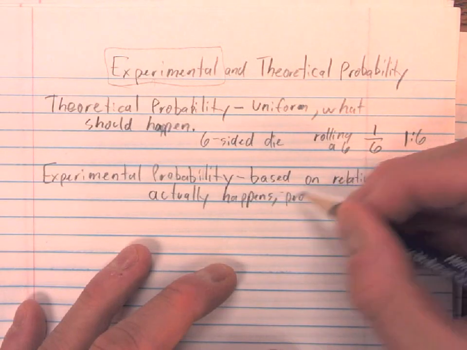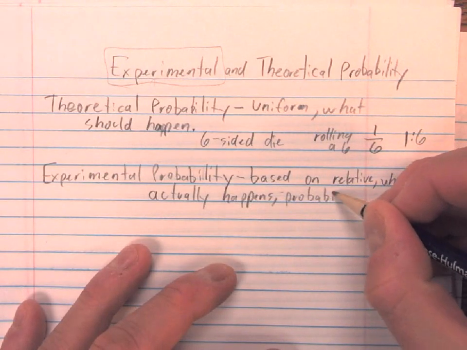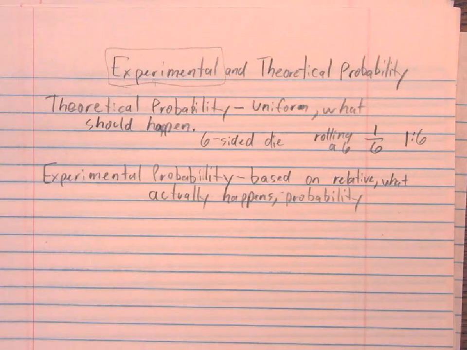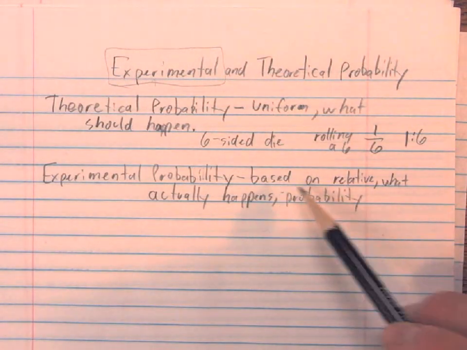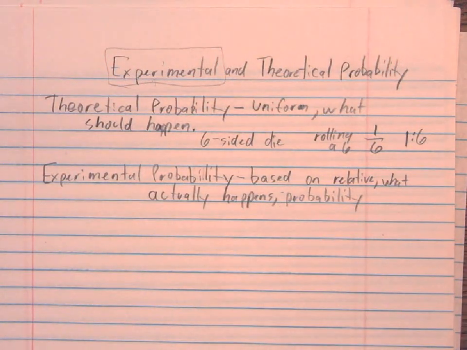So this is based on what actually happens, a relative probability of what is actually happening.